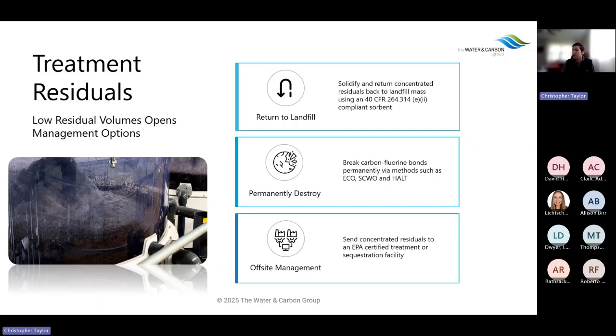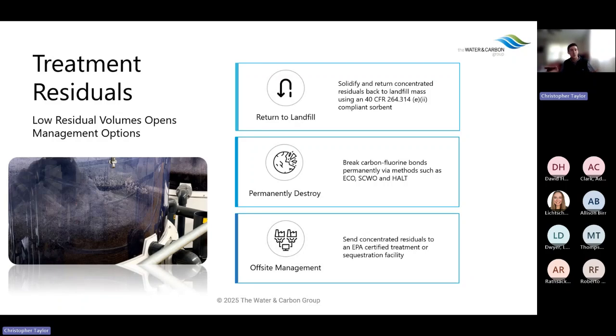Be it ECO, SCWO, and halt processes, foam fractionation pairs with any destruction technology. In fact, it's basically required to have foam frac with any type of destruction technology that you run, because the goal of the destruction technology is to do destruction on the volume that's presented to it, right?